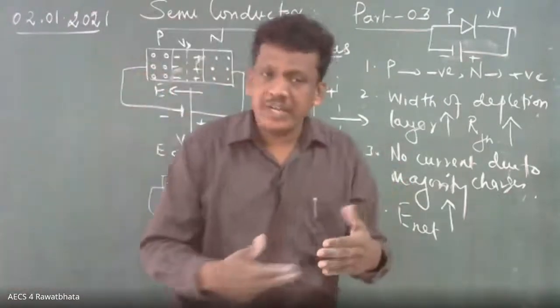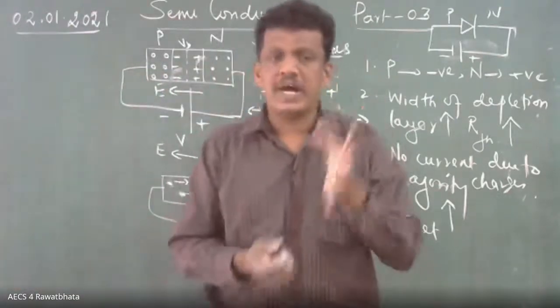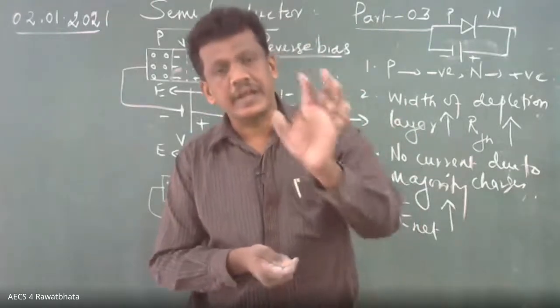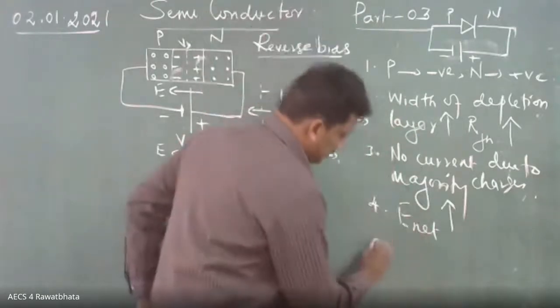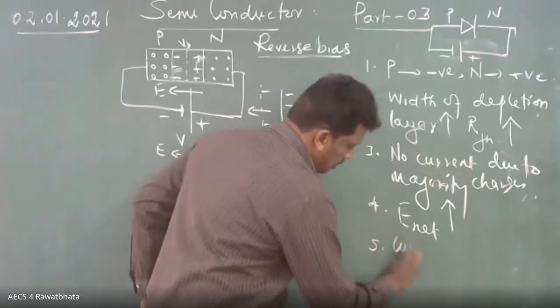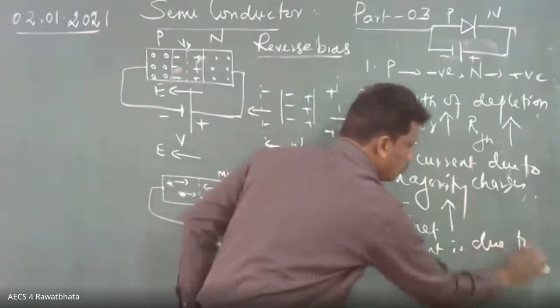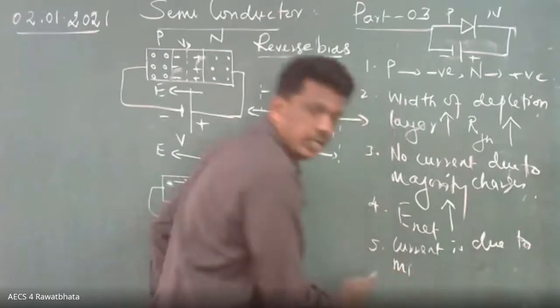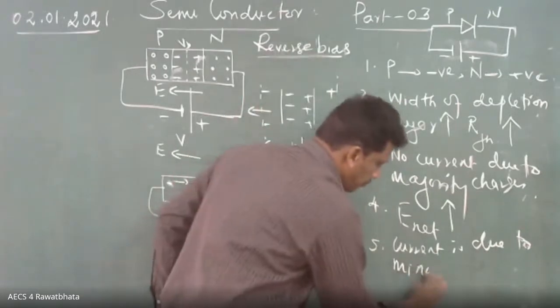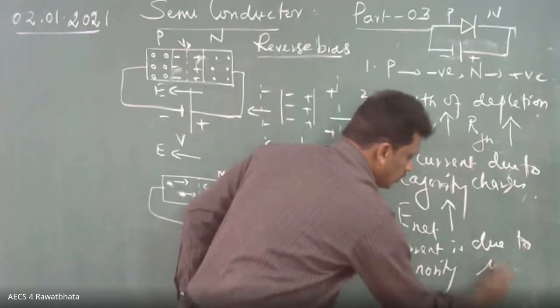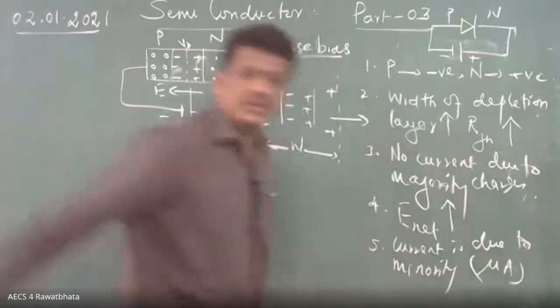The minority is less in number, so when the charge carriers are fewer, the current is also less. So now the current is due to minority. Is it visible? Yes. Minority, that is what? Microampere. Very, very important.